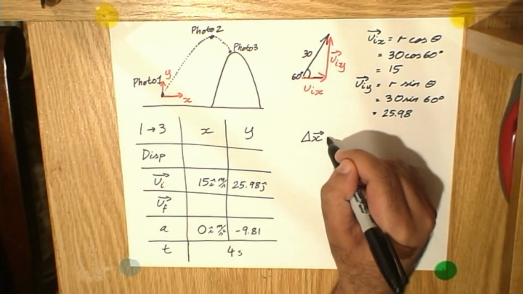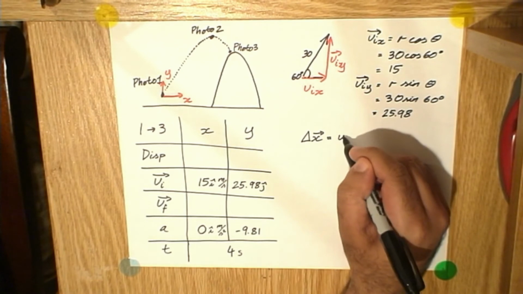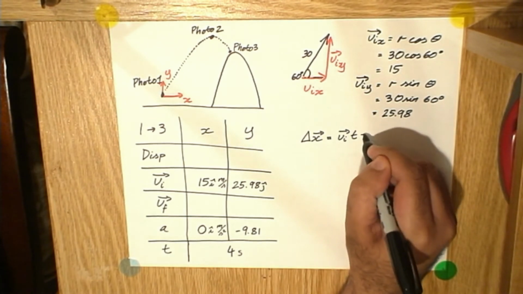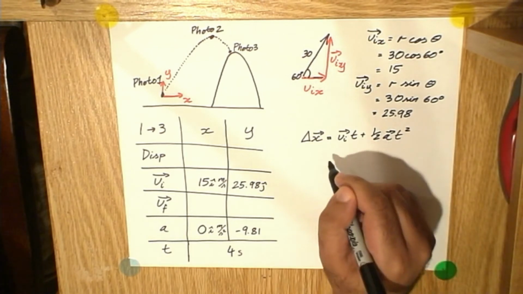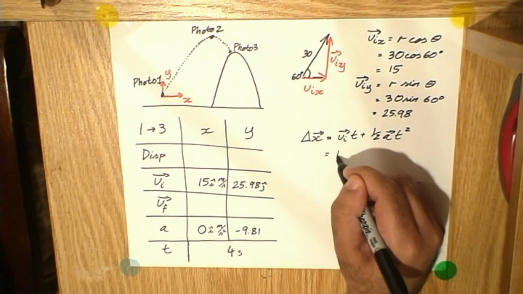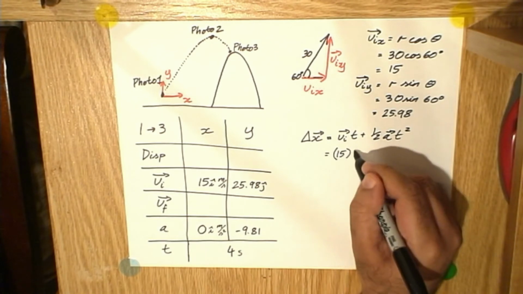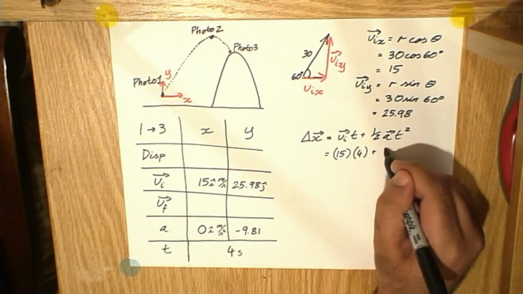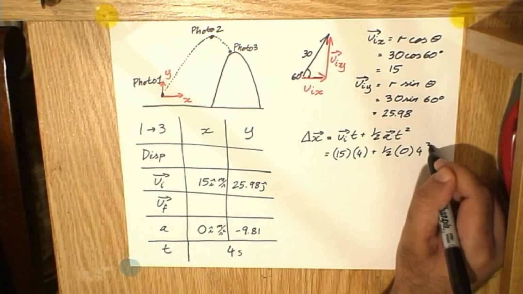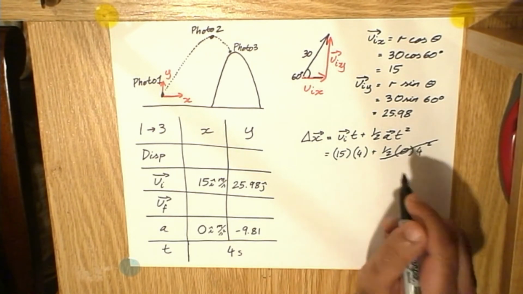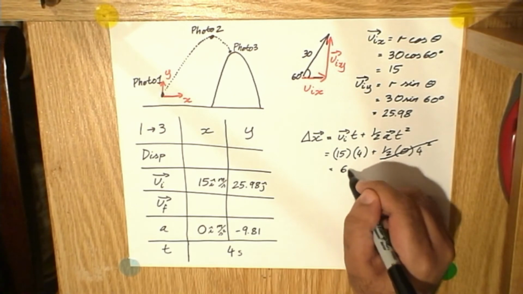First, in the x direction, delta x is equal to v initial times t plus half a t squared, which works out to v initial, 15, times time, 4, plus 1/2 times acceleration, 0, times t squared. This entire last term is going to go away, so you're left with 15 times 4 is equal to 60.